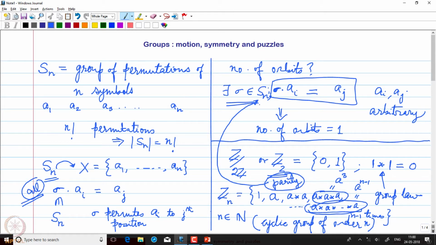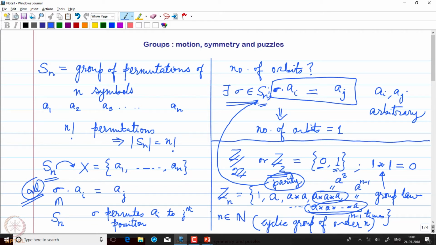There are 2 types of permutations in Sn: the so-called even permutations and the so-called odd permutations. The parity of even permutations is defined to be 0, the parity of odd permutations is defined to be 1.